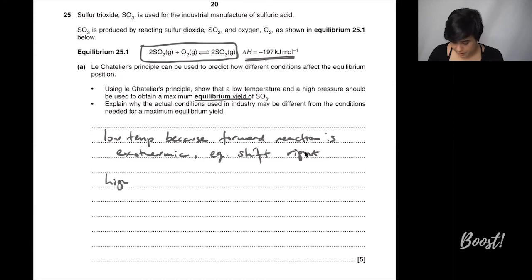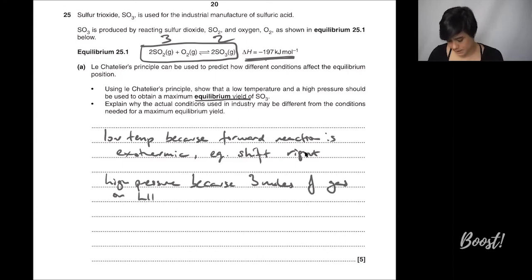High pressure, because we have 3 moles of gas on the left-hand side, and 2 moles of gas on the right-hand side.